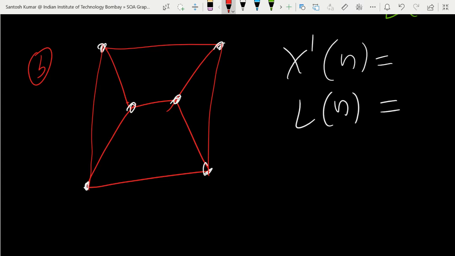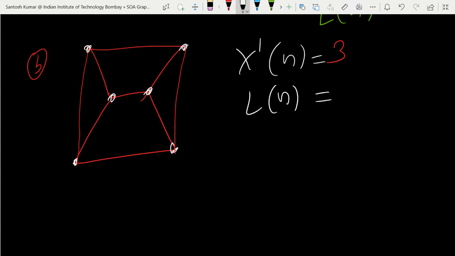So chromatic number 3. Okay, and then the line graph you can draw. You can start from this, like 1, 2, 3. Here you can take 1 and here you can again take 1, here 2, here 3, and here 3 and here 2, right?